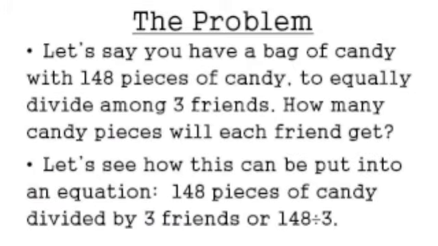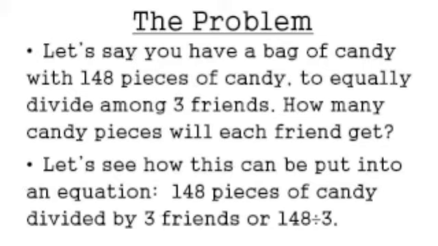Now we have an example here of a division problem. Let's go ahead and read through this. It says, let's say you have a bag of candy with 148 pieces of candy to equally divide among 3 friends. How many candy pieces will each friend get? So the first thing we have to do in setting up a division problem is ask ourselves which of these numbers is going to be the dividend and which one's going to be the divisor.